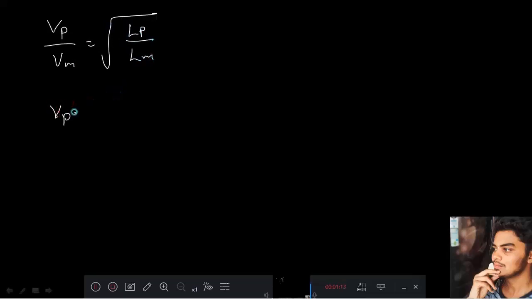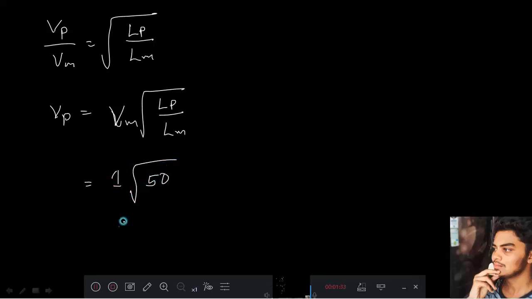So Vp is equal to Vm into root of Lp by Lm. We know Vm is 1, and Lp by Lm is 50, that is root 50. Vp is equal to 1 into root 50, then Vp is equal to 7.071 meter per second.